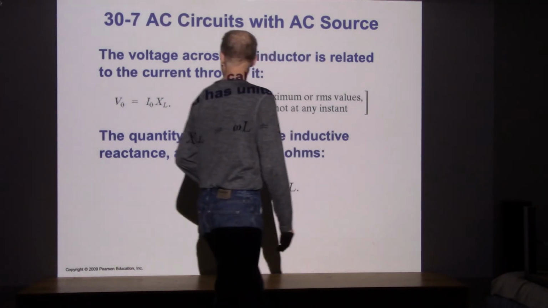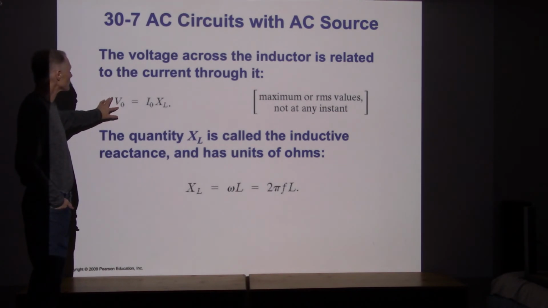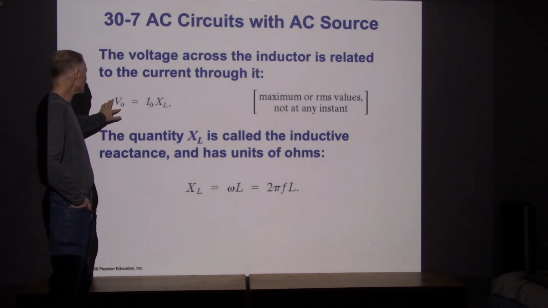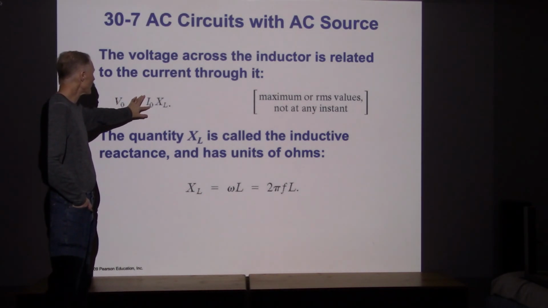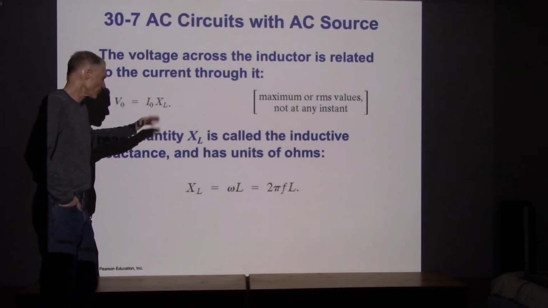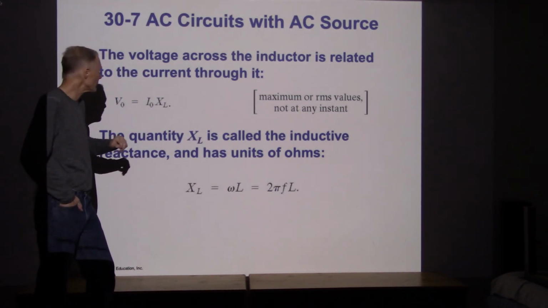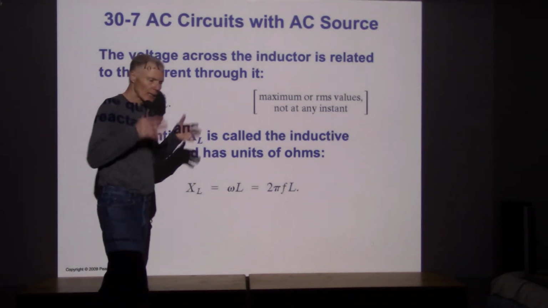So again, what we're coming back to is identifying that the voltage across an inductor, they've written this as V naught, is given by the current times this new quantity, omega times L. It's the same thing we saw on the last slide, but they're giving it a new symbol.